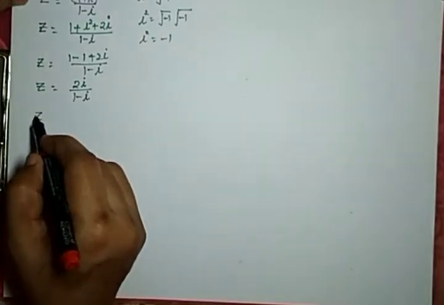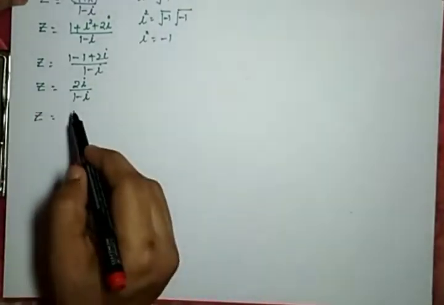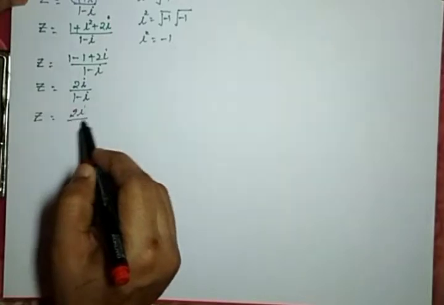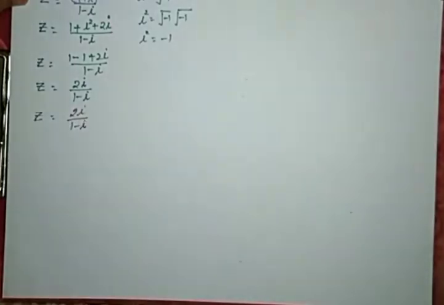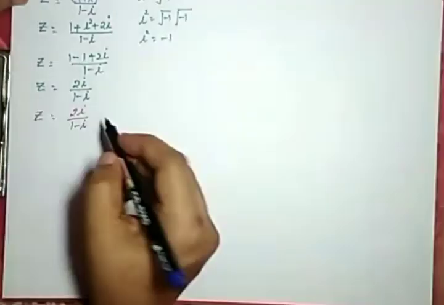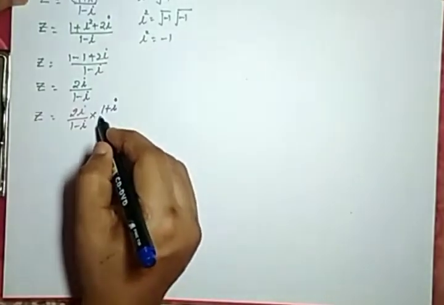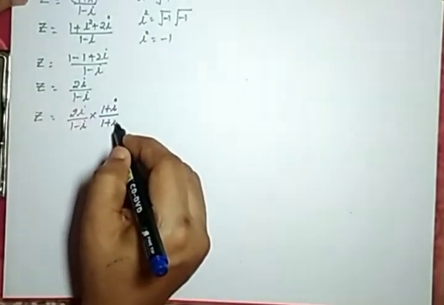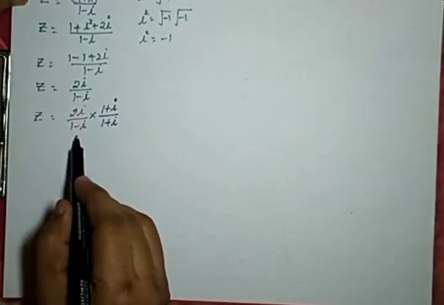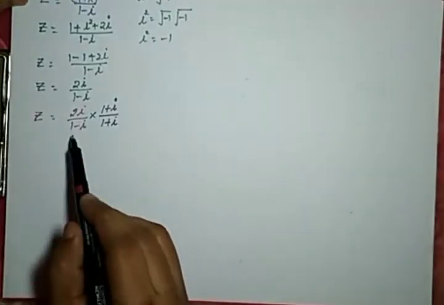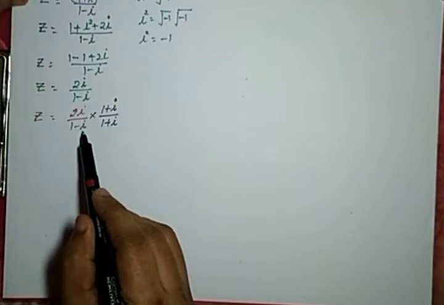Whenever you are getting this kind of number, better you go for rationalization. Means we are going to multiply numerator and denominator by the complex conjugate of this denominator. In the denominator it was 1 minus iota.